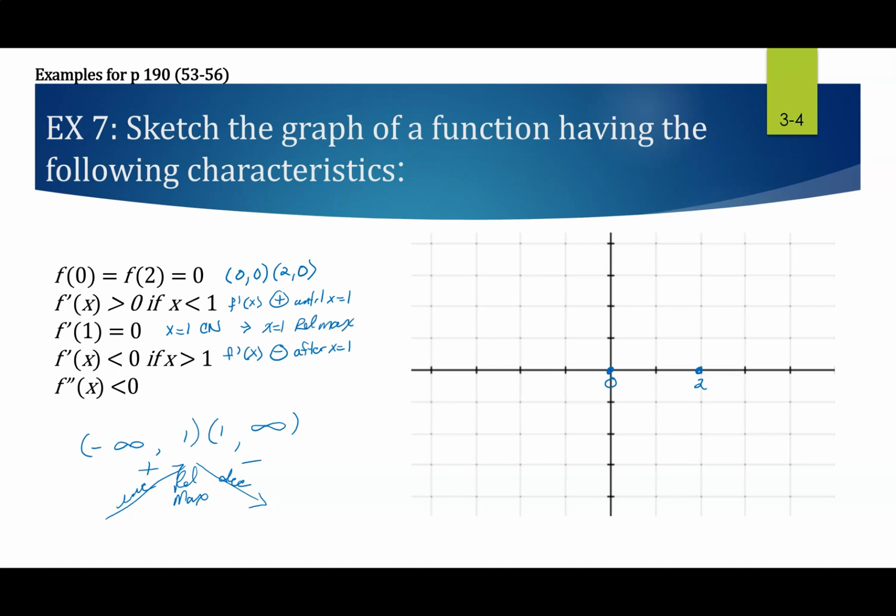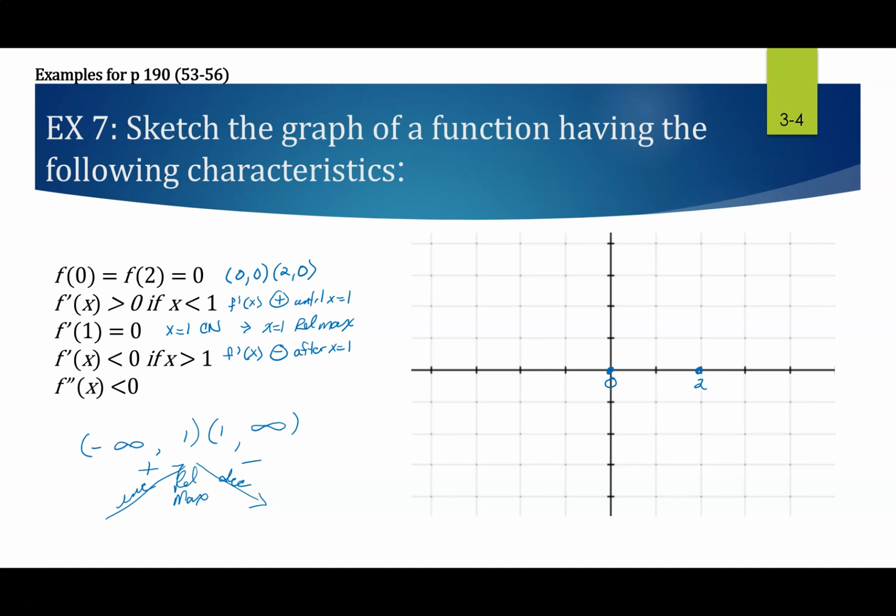Now, final piece of information. F double prime of x is less than 0, meaning negative. So if f double prime is negative, then f is concave down. Now, let's look at what they didn't give us. They didn't say f double prime is less than 0 between negative 2 and positive 10, or any other type of restriction.